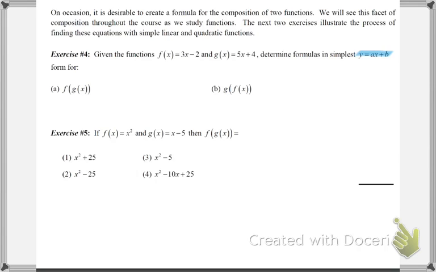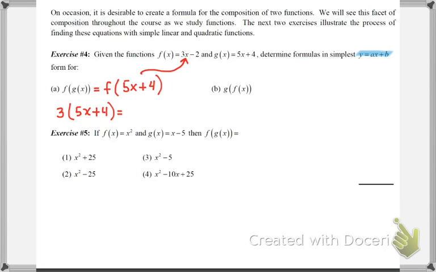We want to find f of g of x. So that means into function f, we're going to plug in function g, which is 5x plus 4. So wherever there's an x in my function f, we're going to plug in 5x plus 4. So it's going to be 3 times 5x plus 4.